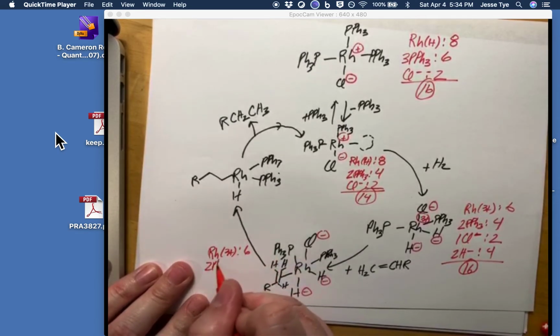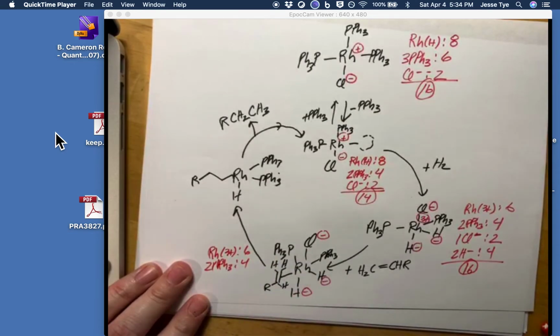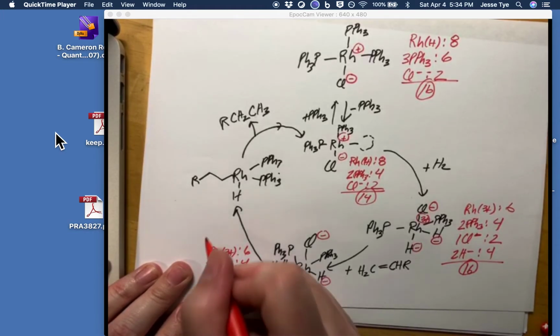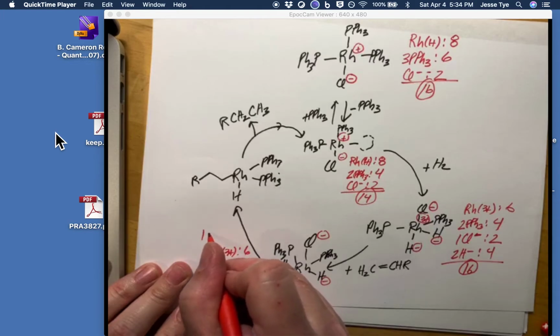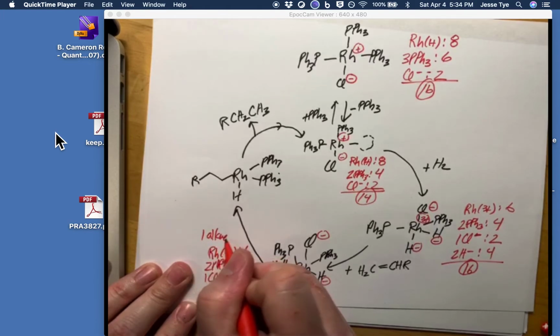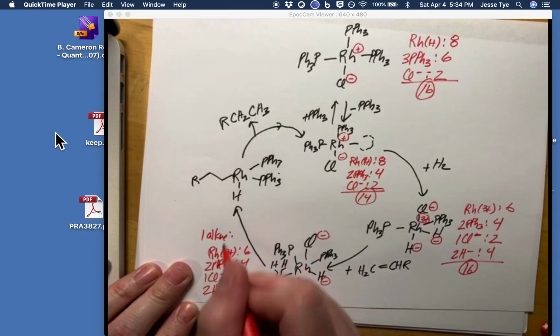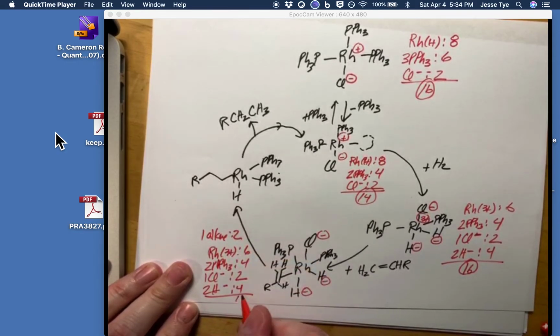I have 2 triphenylphosphines, which contribute 4 electrons. I have a chloride, which brings 2. I have 2 hydrides, which bring 4. And I have 1 alkene, and that double bond acts as a 2-electron donor. So this brings us up to an 18-electron complex.